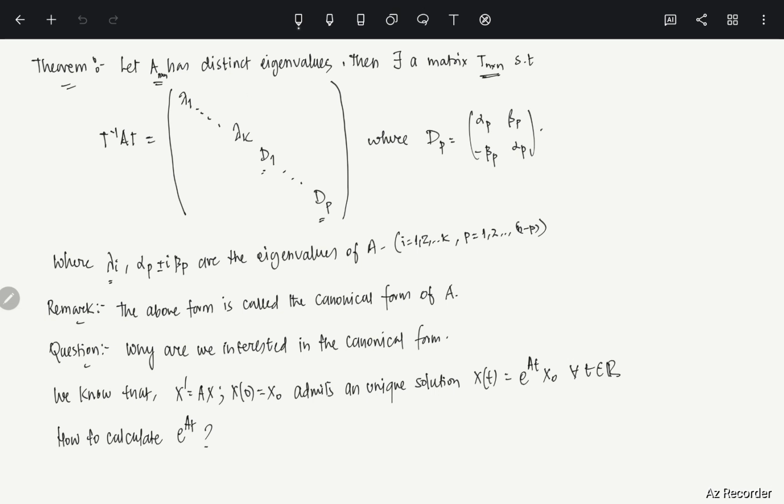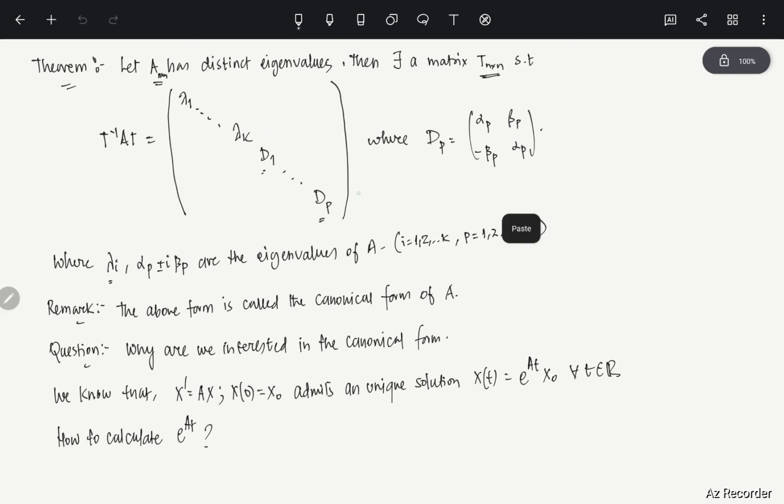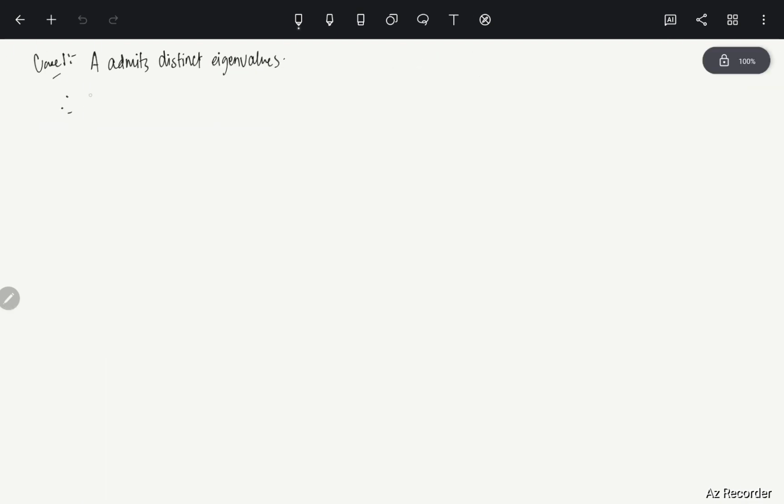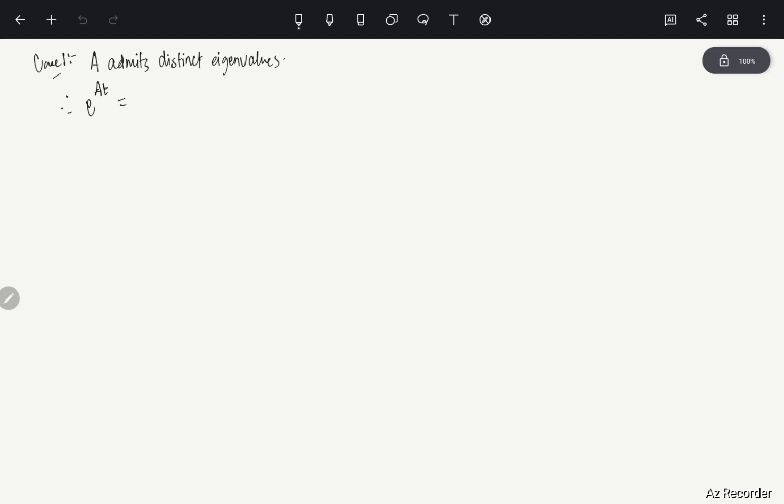Okay, so you see what happens is this. Therefore, let's just call this matrix B for now. The diagonal matrix, let's just call it B. So B is a nice matrix, let's just put it this way.